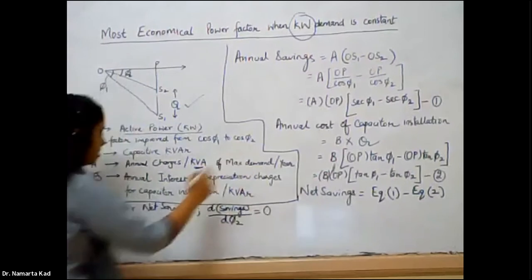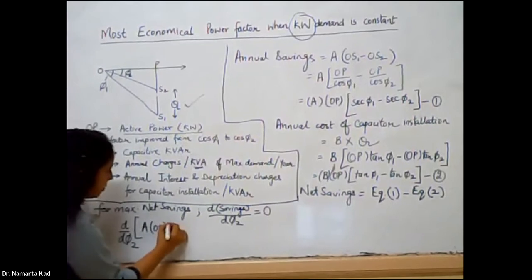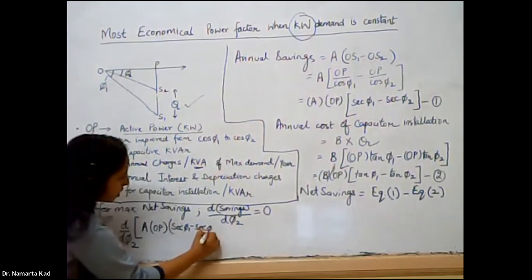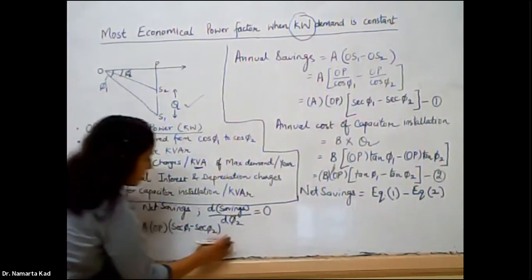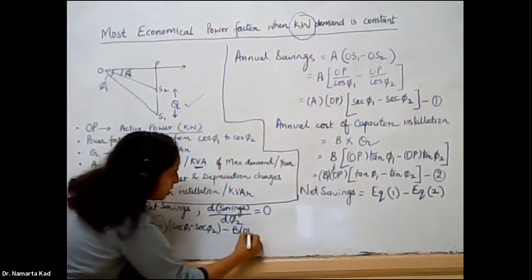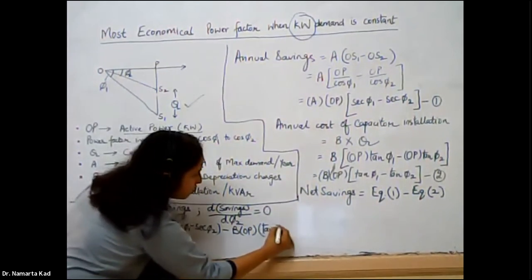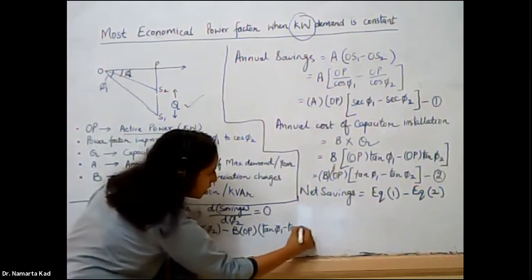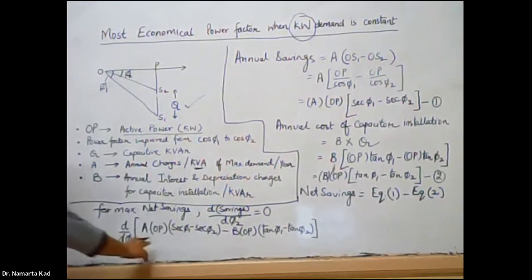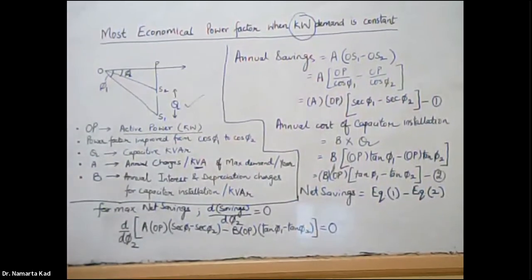So I'm going to write it here like A into OP, and in the bracket it is secant of phi 1 minus secant of phi 2. This is my first equation, minus B into OP, and in the bracket it is tan of phi 1 minus tan of phi 2. Just differentiate it with respect to phi 2 and equate it to 0.